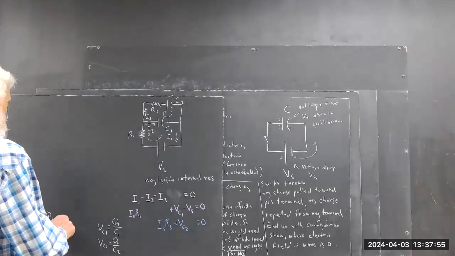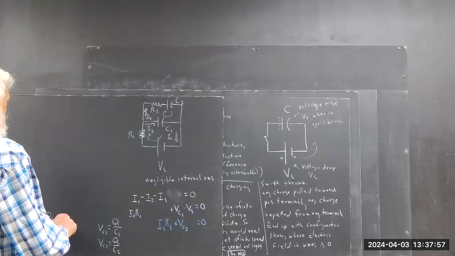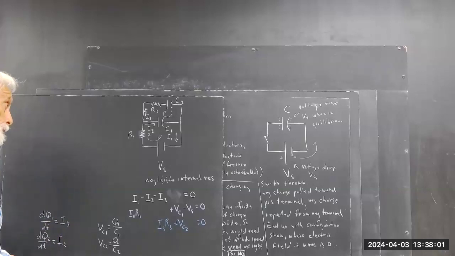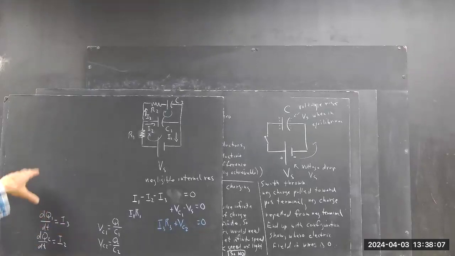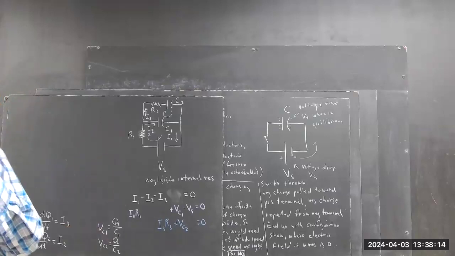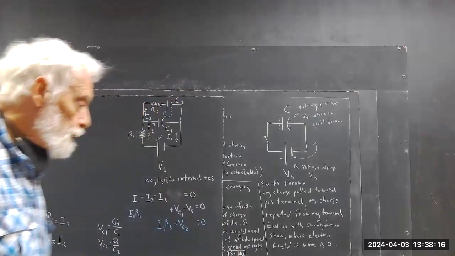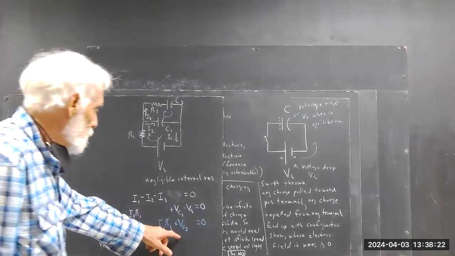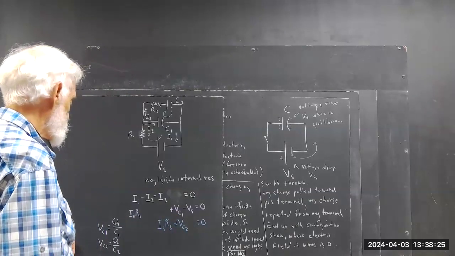And dQ1/dt is I3. Now there are things about signs that I don't want to get into. This is going to lead to an interesting system of differential equations when you rewrite the system.